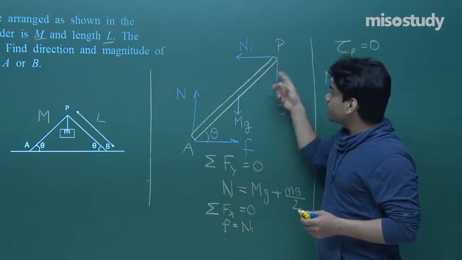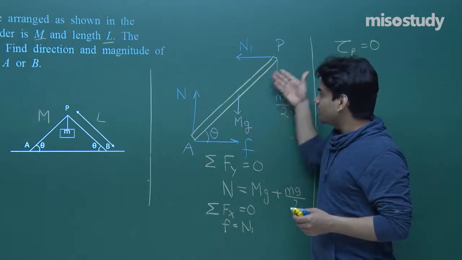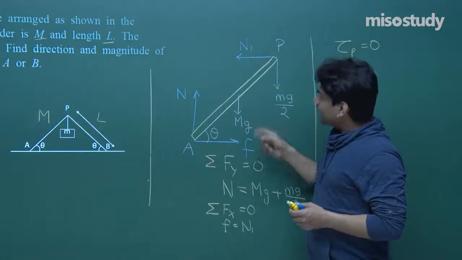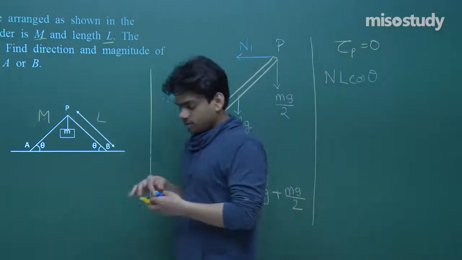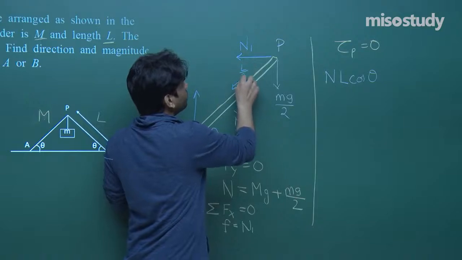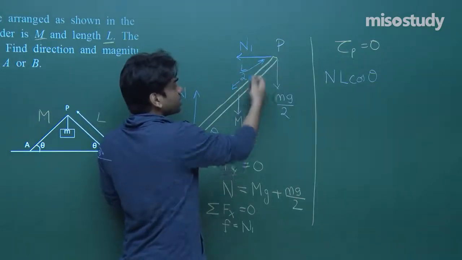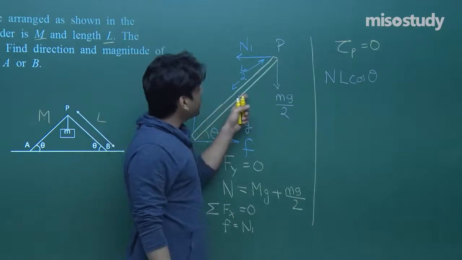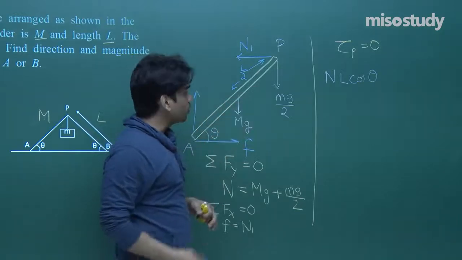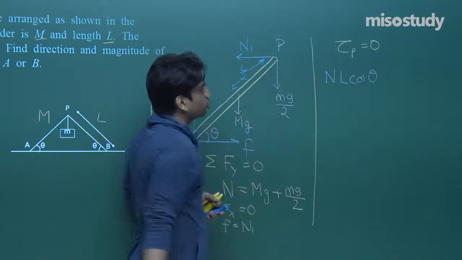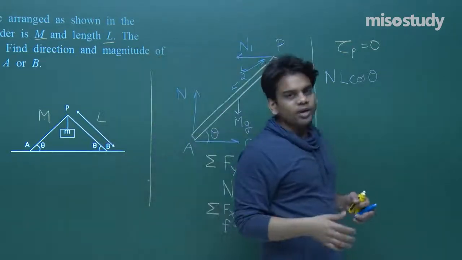Next see this Mg and Mg by 2, they are acting along the downward direction. Mg by 2 will have no role to play. For Mg, this length will be L by 2. Mg's torque effect, its moment of force, will be L by 2 cos theta. So I'm going to write Mg, its distance from this point will be L by 2 cos theta. Let's try to see its effect.